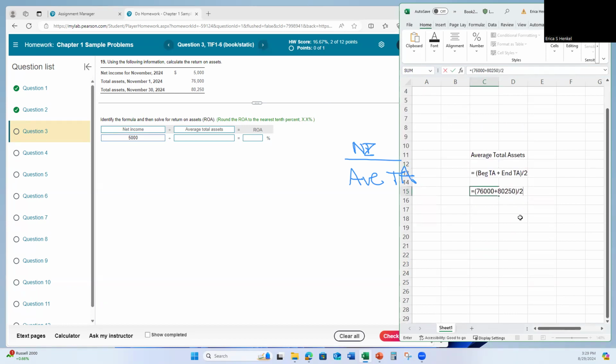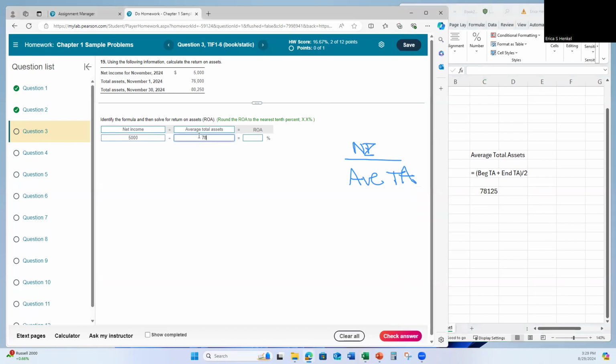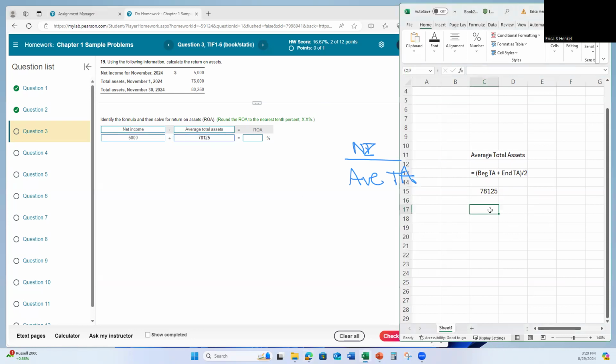By putting that in parentheses, Excel will know to add those first and then take that total and divide it by 2. That gives us average total assets of 78,125. Then when we do that math, we're going to take 5,000 divided by, the slash symbol is divided by, 78,125, which gives us return on assets of 0.064.